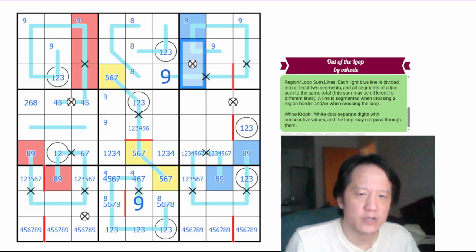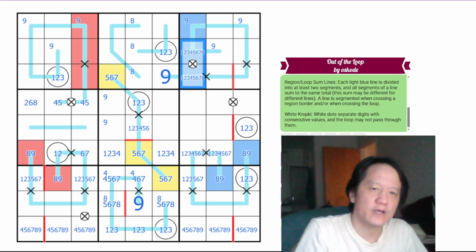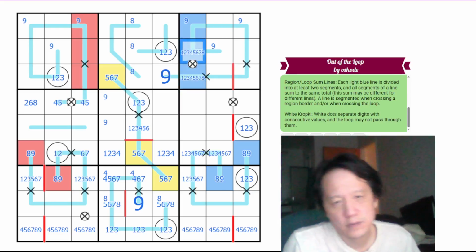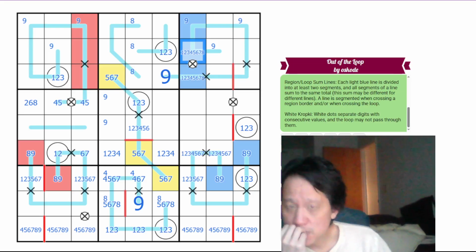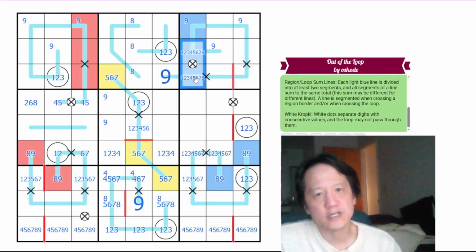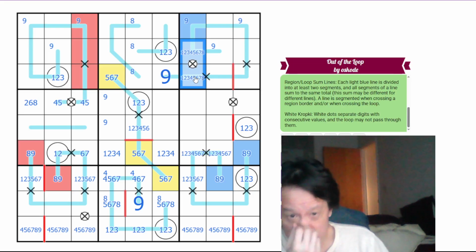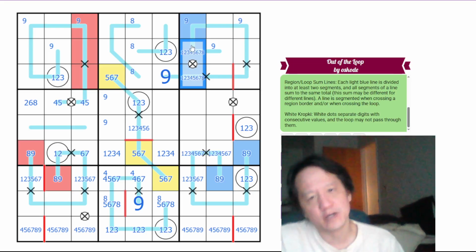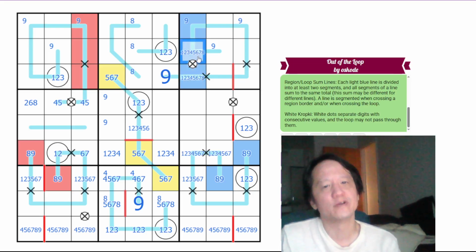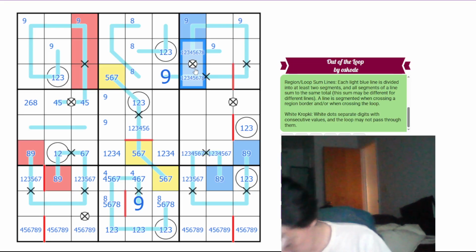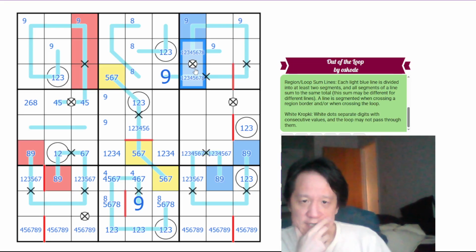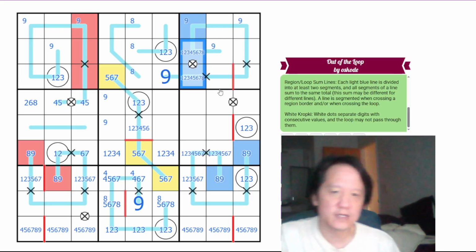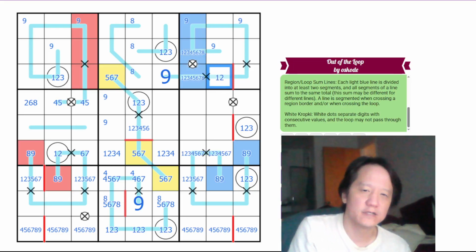These digits can be obviously 1 through 8. But they cannot add up to 9. That's interesting. So this cannot be 4 and 5, but it could be 4 or 5 with 3 or 6. Okay, that's not helpful. This obviously adds up to 9, so 1 through 8.